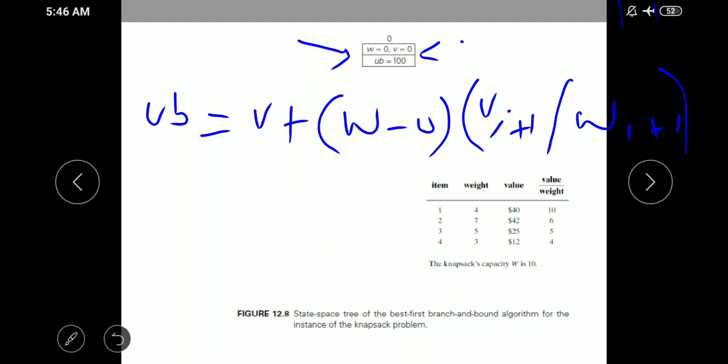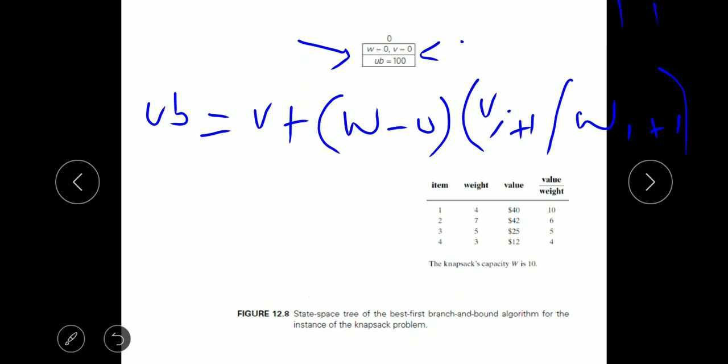So now we shall try to consider the selection of the first item into the knapsack. Again, in the first iteration for the first item, we'll have to compute two possibilities. The first is what would be the upper bound if we include the element, and what would be the upper bound if we do not include the first item.